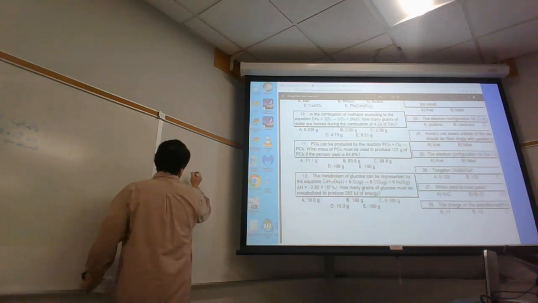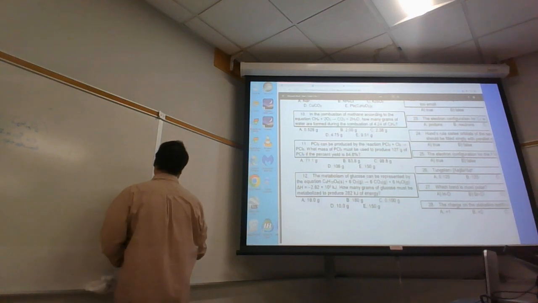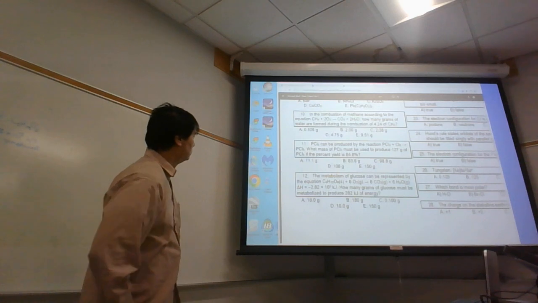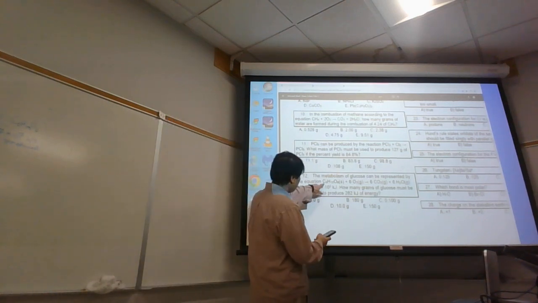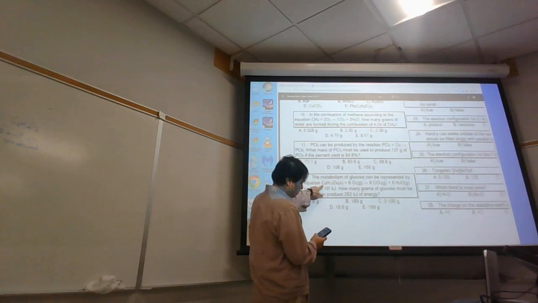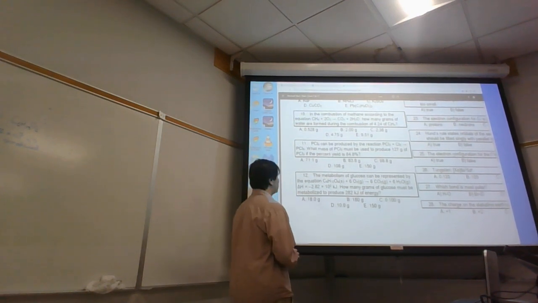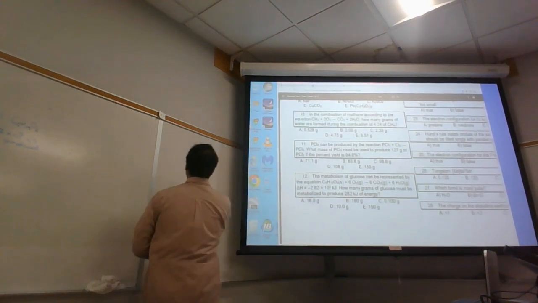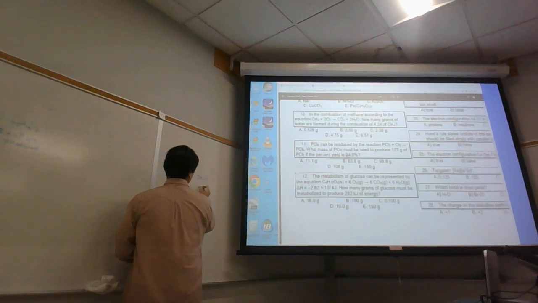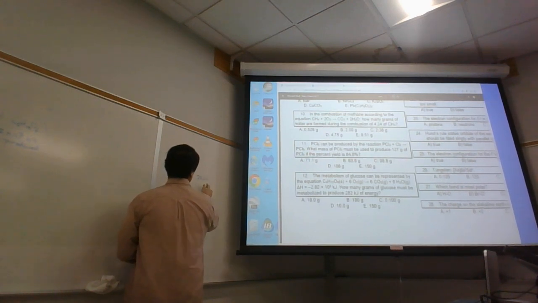The glucose is 6 carbons. So 6 times 12.01 is 72.06. 12 hydrogens, which would just be 12.12.